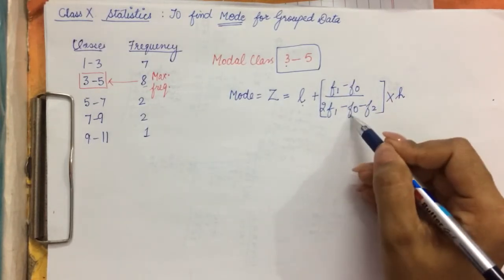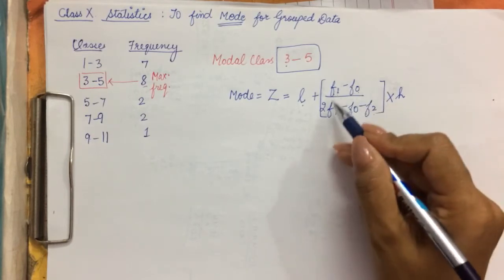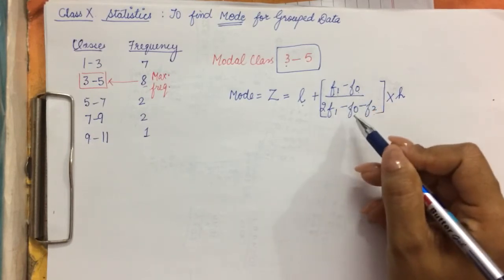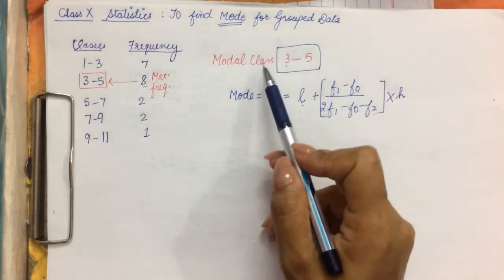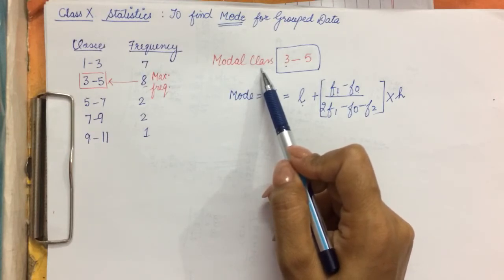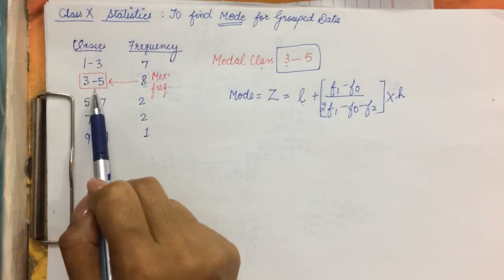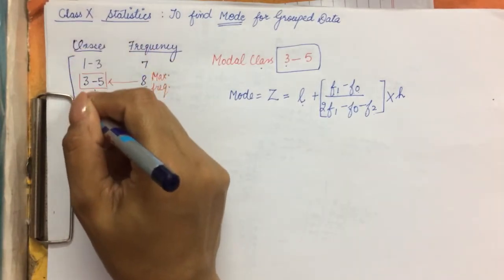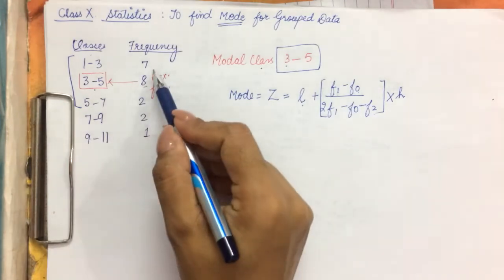F1, F0, F2 represent frequencies of 3 different classes. So what I want is the modal class, the class preceding it, the class that is just before it, and the class succeeding it, meaning the class after it. So if this is my modal class, I would need to take the class which is before it and after it, and I need their frequencies.